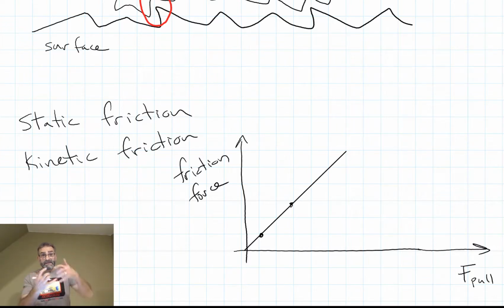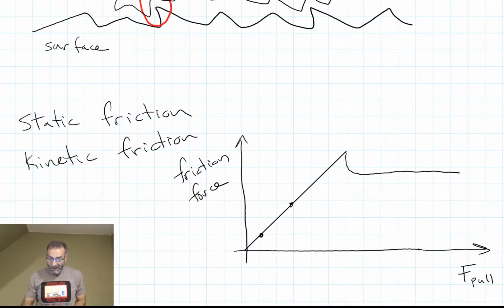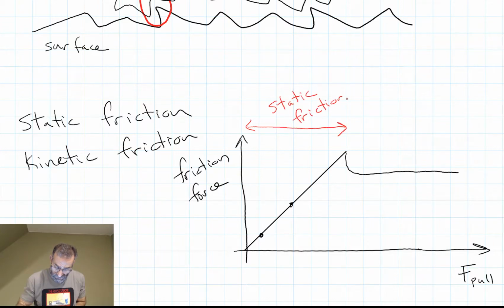And at that moment, when we pull hard enough that the box dislodges and slides, we go into that kinetic friction mode, and the friction force looks something like this. And it doesn't matter how hard we pull now or how fast the box is moving, the friction force remains constant after this. So this is static friction in this region here. And this is kinetic friction.